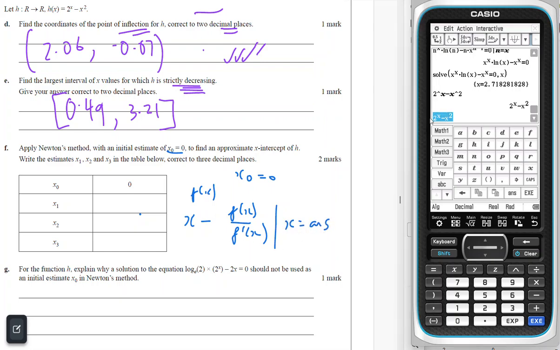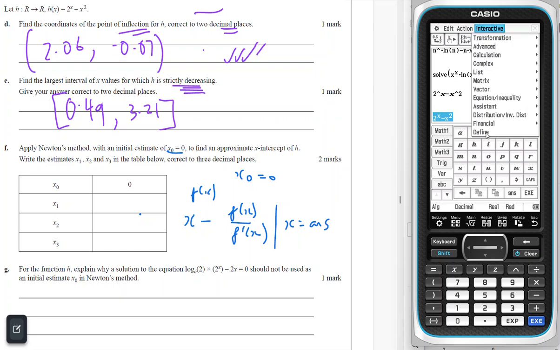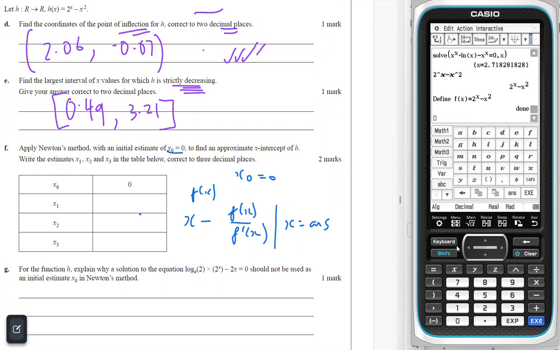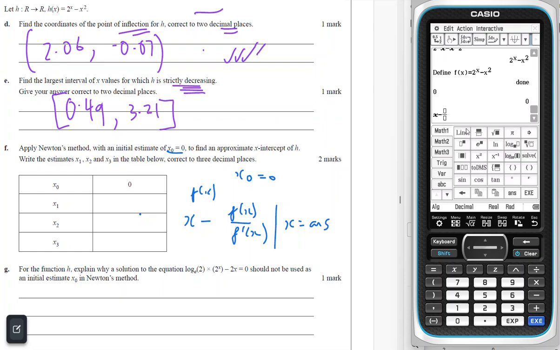I'm going to define this as f of x. I'm going to write x, and I'm going to write x minus a fraction, and in the numerator I will have f of x. In the denominator I'll have the derivative of f of x.